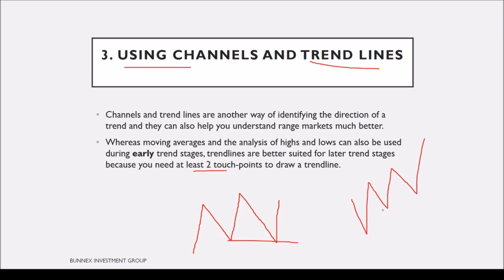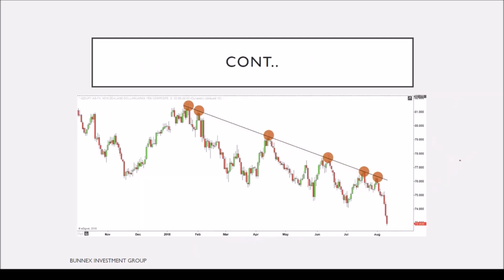So you can see the first one, if we draw a trend line touching this point and this point, we now anticipate price to bounce on this line in the future. So this is how we would see it. What can be shown with this example is the New Zealand dollar against the Japanese yen.